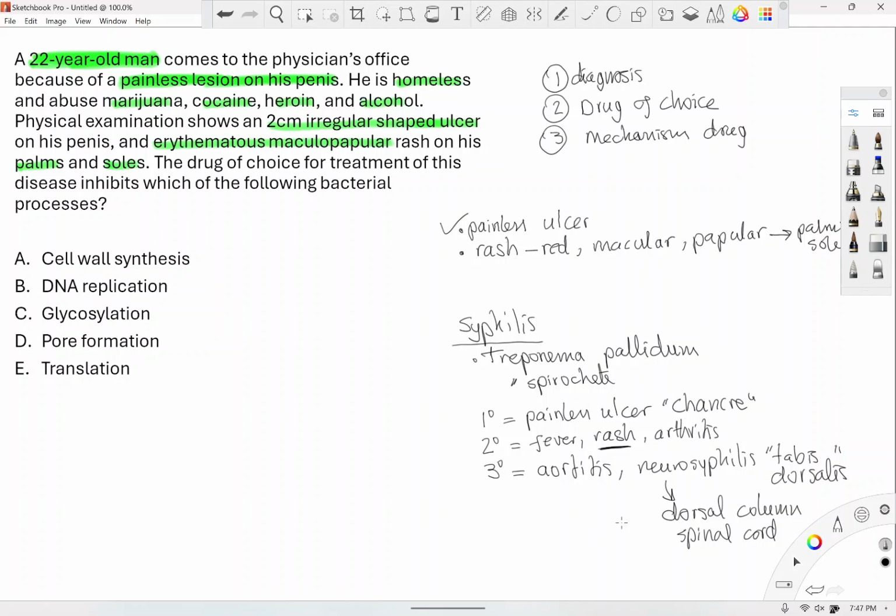Okay, so if I were to draw the spinal cord, remember the spinal cord will have something like this, the anterior and dorsal horn.